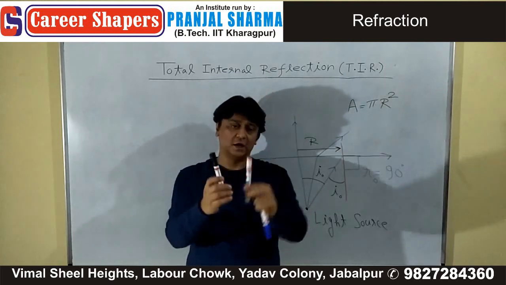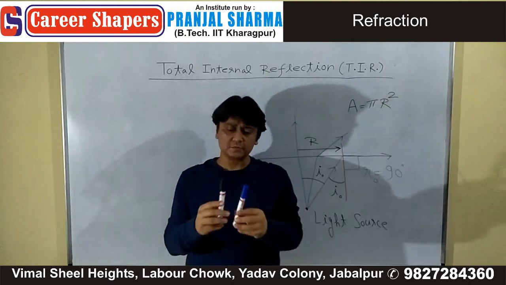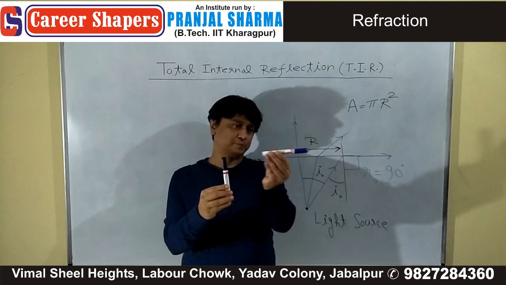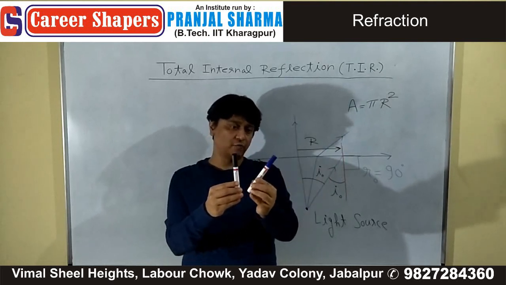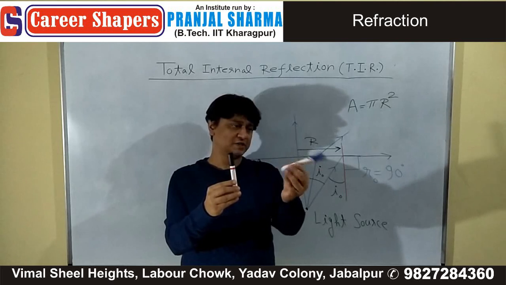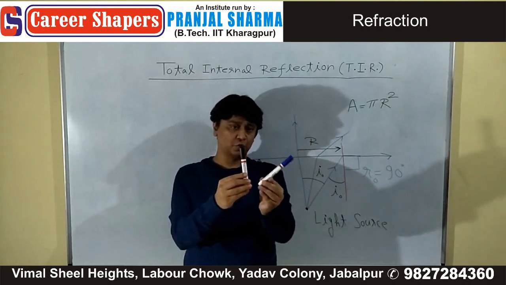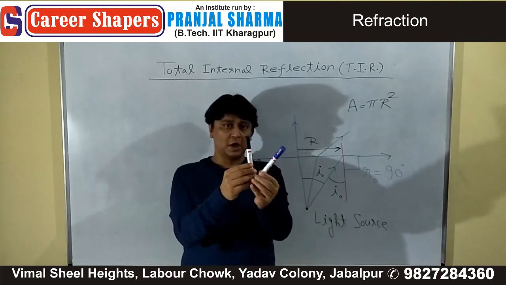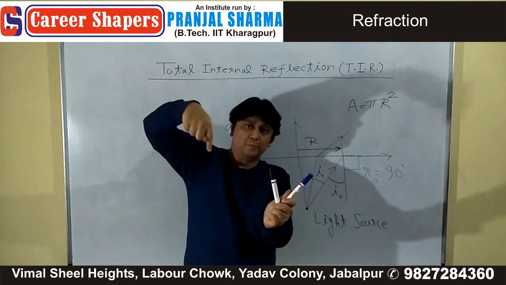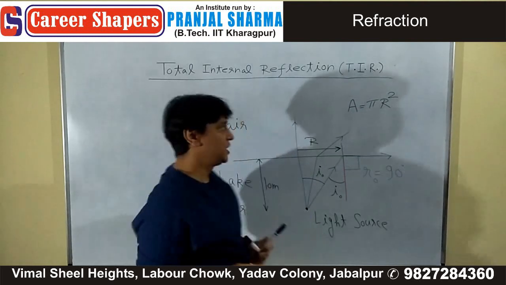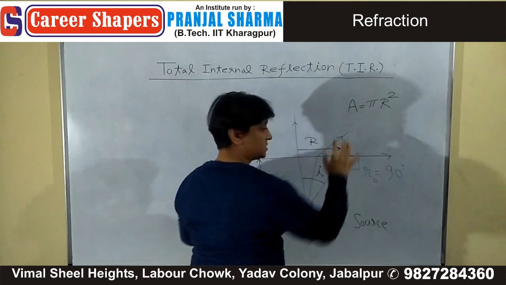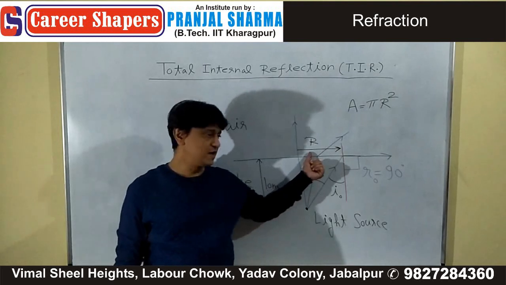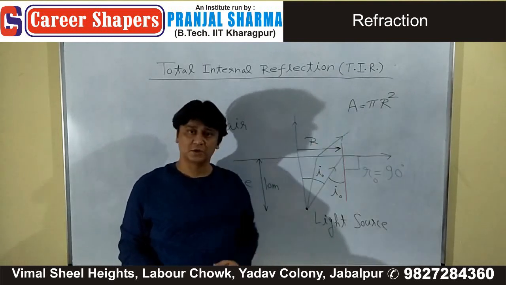A light ray which arrives at an angle of I naught moves at grazing angle, all the light rays coming after that will be simply reflected back, and therefore you will find a cone sort of. You will see a cone, and we are interested in finding base of the cone, and that base of the cone is a circular portion, a circular bright spot whose area is what? Pi r square. The question is simply find r and then go for pi r square.